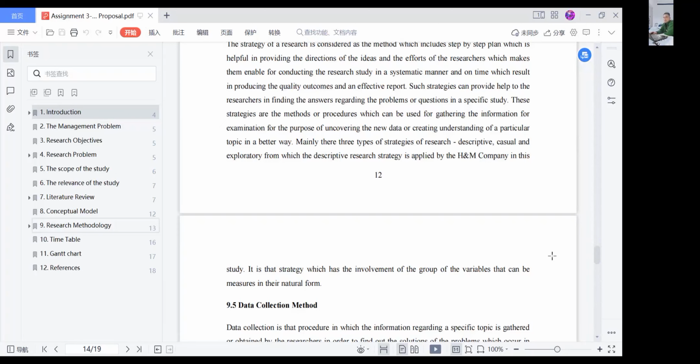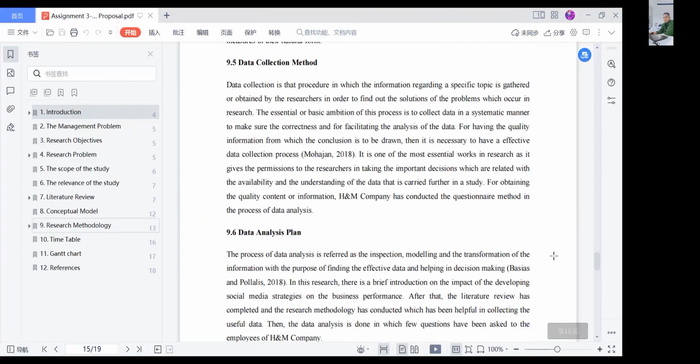9.5 is the data collection method. Data collection is that procedure in which the information regarding a special topic is gathered or obtained by the researcher in order to find out the solution of problems.